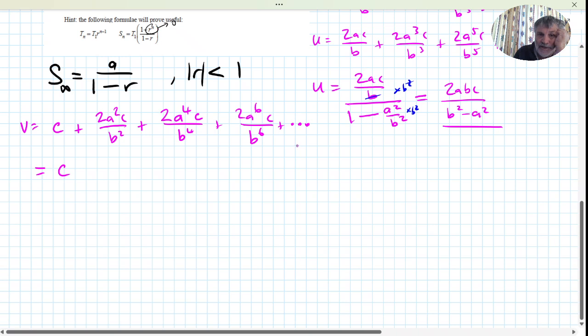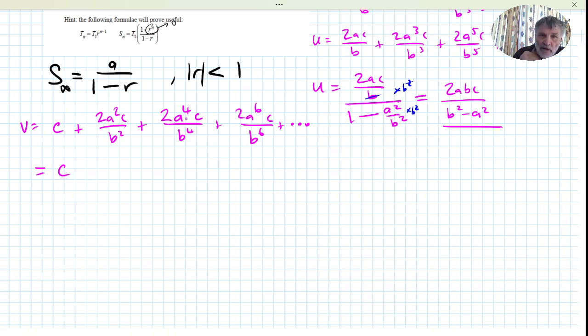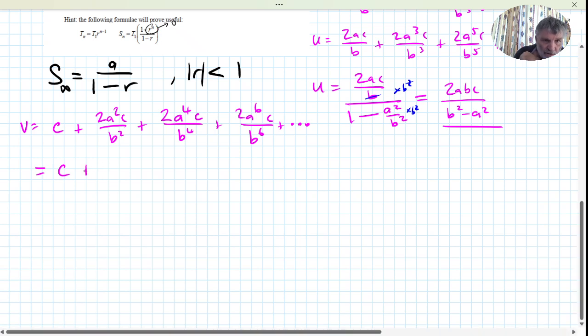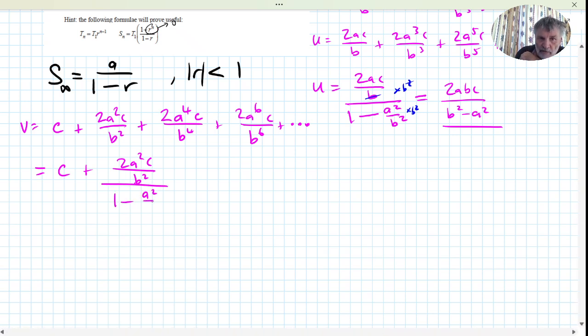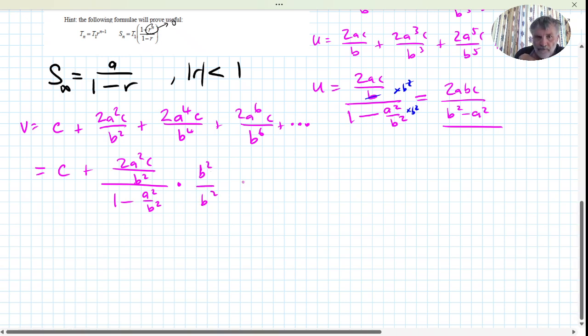This is an infinite geometric sequence, scale factor or common ratio a squared over b squared. So this is going to be 2a squared c over b squared divided by 1 minus a squared over b squared. Same trick, multiply by b squared over b squared to get rid of the fractions in the numerator and the denominator.